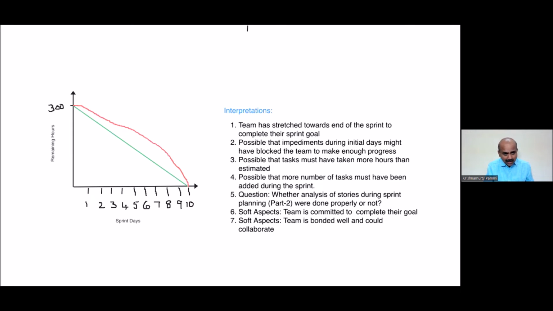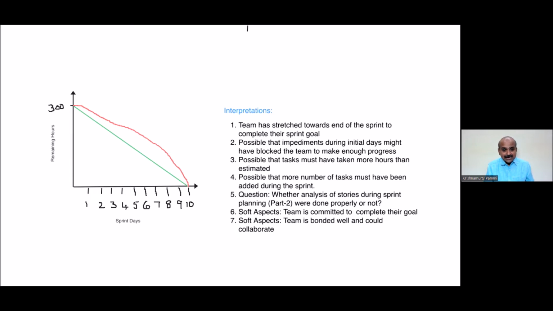For example, why the trend is coming like this is probably because the team must have added more tasks, or some of the existing tasks must have taken more time, or the impediments must not have been resolved on time. So the Scrum Master and the external environment are responsible. External context is responsible for not solving the impediments on time. And then it is possible that the analysis was not done properly.